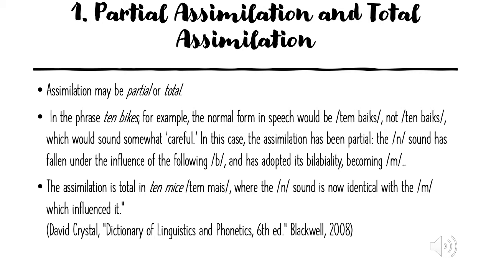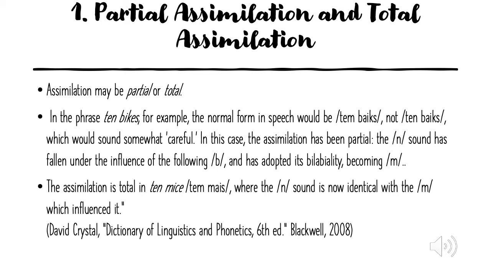Now, n would move closer to the bilabial sound in order to make the process of speech more natural. So, in all probability, we would say it as "tem bikes." "Ten bikes parked outside the building." You notice that the n has moved very close to the bilabial sound, and that would be m. N getting replaced by m because of the influence of b.